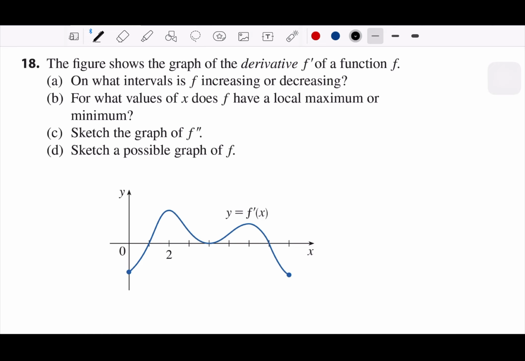So we start by looking at the graph, and the graph is actually the first derivative. There are 4 questions: on what intervals is f increasing, decreasing, then local maximum, local minimum, and sketch the graph of the second derivative, and a possible graph of the original function.